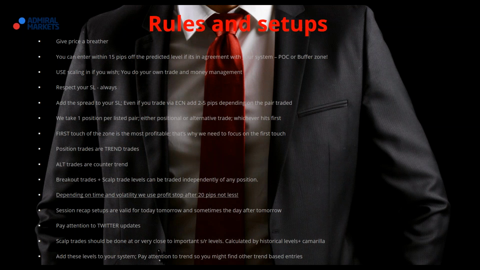Okay, so let's move on to past week results. Personally, regarding session recap, I managed to come up on break even, but it was hard because some positions were in a loss.